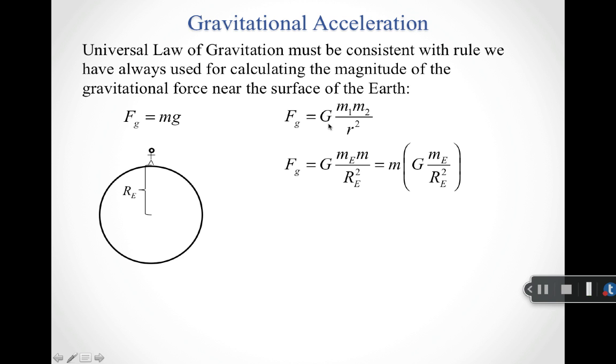Well, if the universal law of gravitation is going to be universal, then it also has to give us this expression. And so what we're going to do is say, well, for starters, the universal law of gravitation applies to point particles. And the person here is probably not a point particle. The Earth, in this case, is clearly not a point particle.